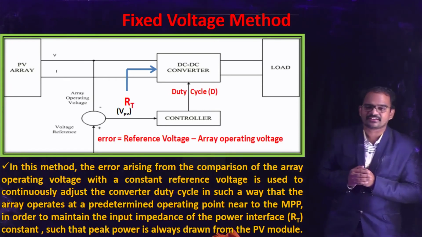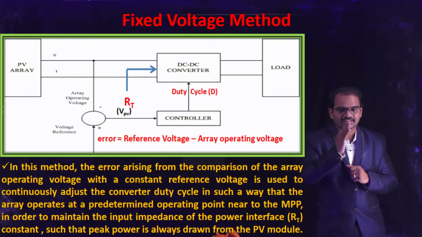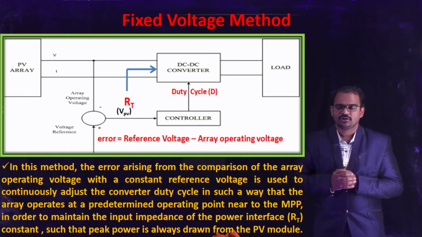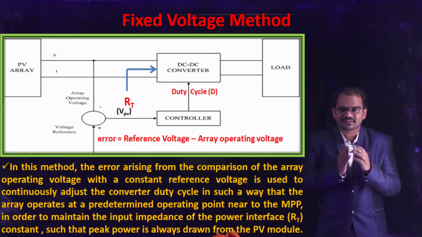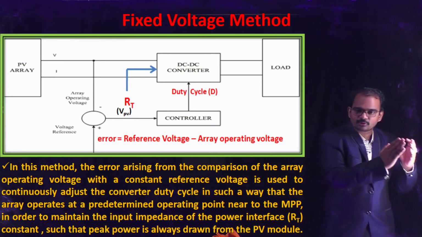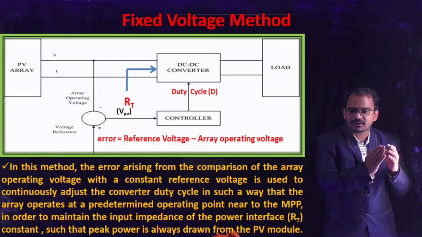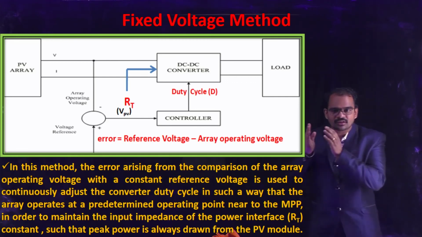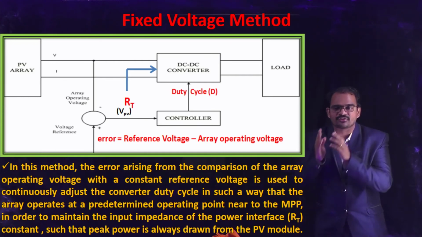Now there is an error. What is that error? That error is nothing but the reference voltage minus the array operating voltage. Based on that error, the controller will adjust the duty cycle in such a way that the array operating voltage which is delivered to the load is always 19 volts, by keeping the value of the input impedance of the DC to DC converter block, that is RT, constant.